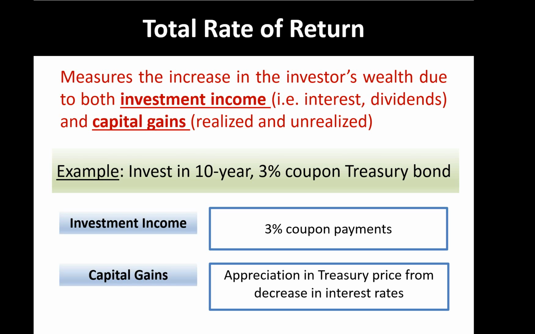That is when your bond's underlying price will increase or decrease in value based on how interest rates move over time. In this case, if interest rates decreased, then the price of the bond would increase, and you'd also gain a capital gain from that. But just remember that total rate of return captures both the investment income portion and the capital gains portion, and then you should be good to remember that.